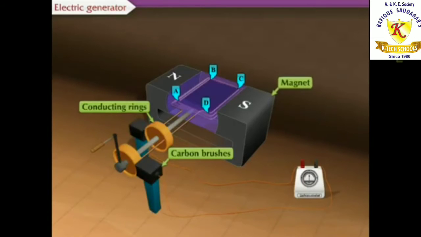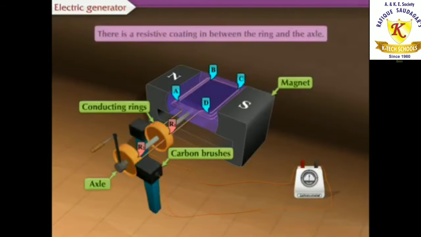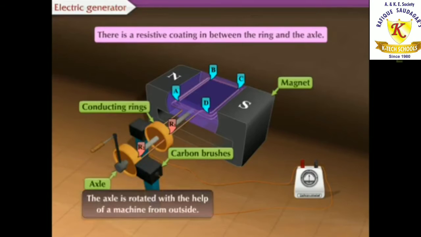The two ends of the coil are connected to the conducting rings R1 and R2. Both the rings are fixed to the axle. There is a resistive coating in between the ring and the axle. The axle is rotated with the help of a machine from outside.